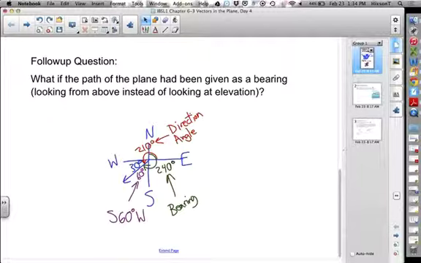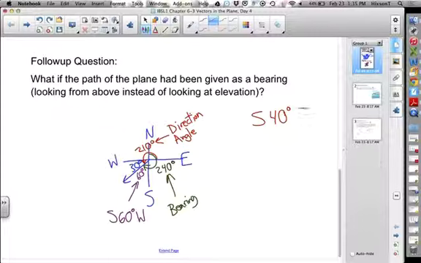Okay. So, for example, if I was given south 40 degrees east, the first thing that I would do is sketch that heading. Okay, south, here's east. 40 degrees, that direction, 40 degrees.